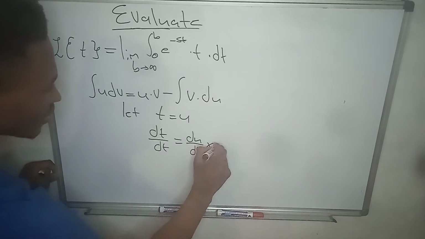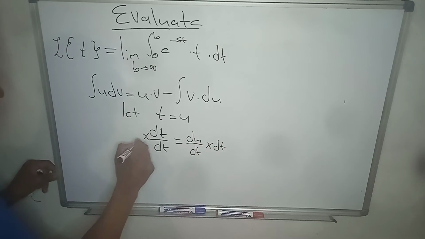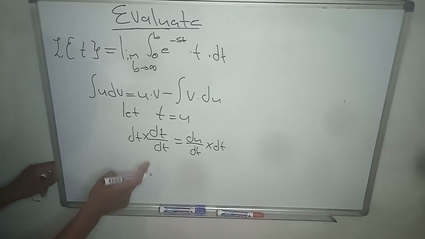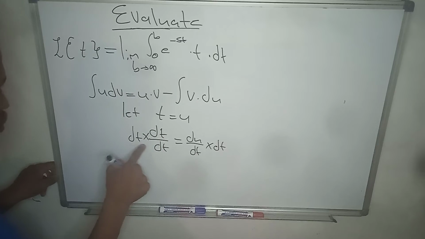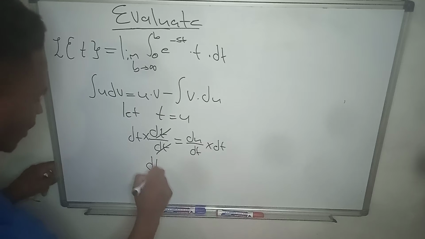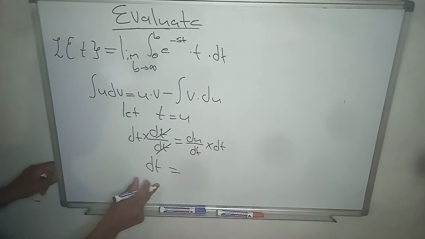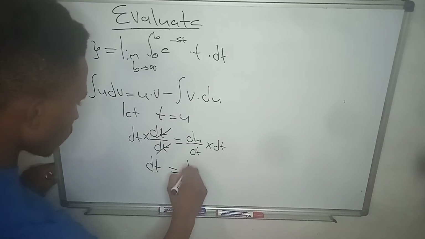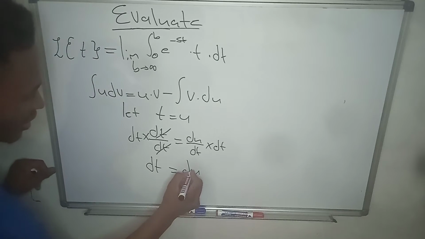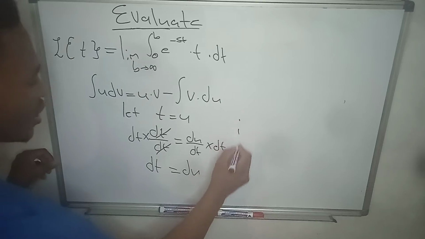If I multiply both sides by dt, I get du equals dt. So our dt in this case equals our du.